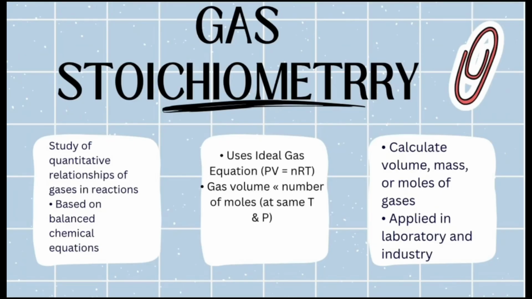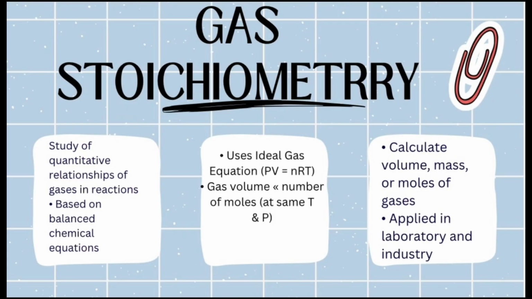Stoichiometry is the study of the quantitative relationship of gases involved in a chemical reaction. It focuses on how the amount of one gas is related to the amount of another gas in a reaction. These calculations are based on balanced chemical equations and often use the ideal gas equation PV equals nRT.